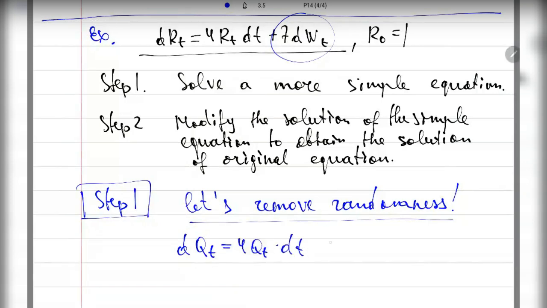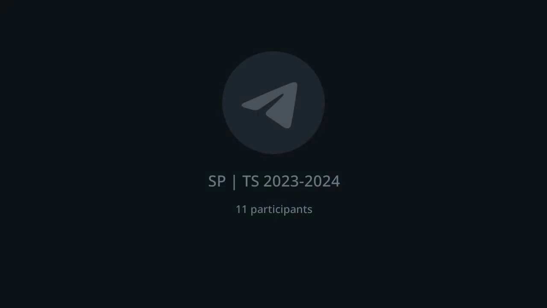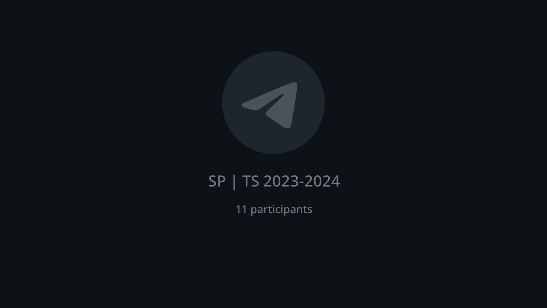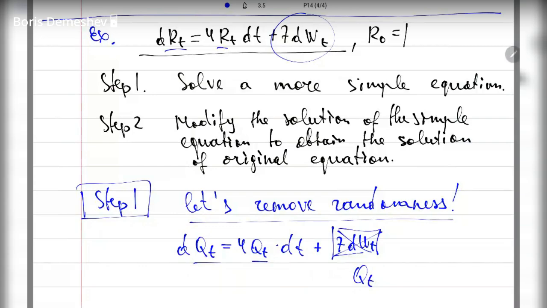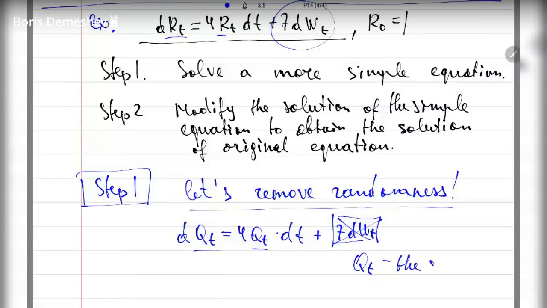So I have just removed the 7 dW_t term, and I have replaced R by q, because R is the solution to the original hard equation, and q is the solution of the simplified equation. I changed the letter to distinguish R and Q.